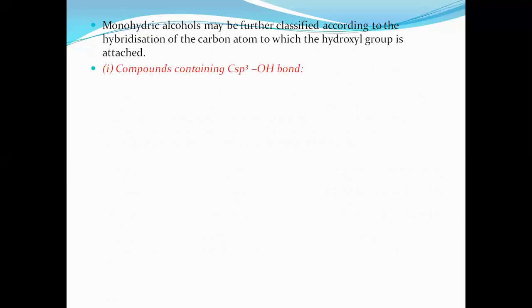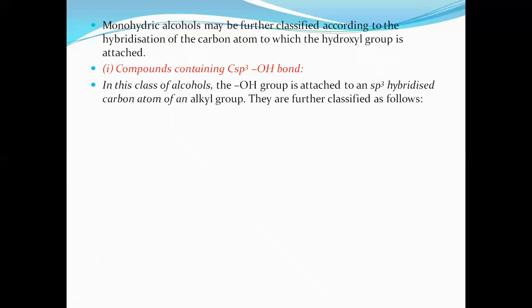First, compounds containing sp3 hybrid carbon atom with OH. That means the OH group is attached to an sp3 hybrid carbon atom. In this class of alcohols, the OH group is attached to an sp3 hybridized carbon atom of an alkyl group.